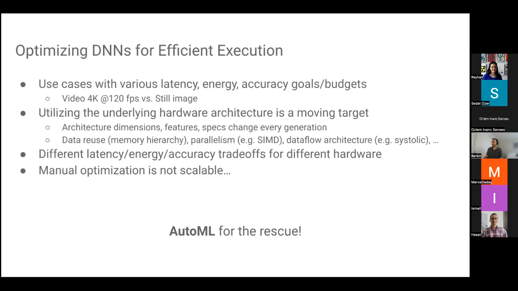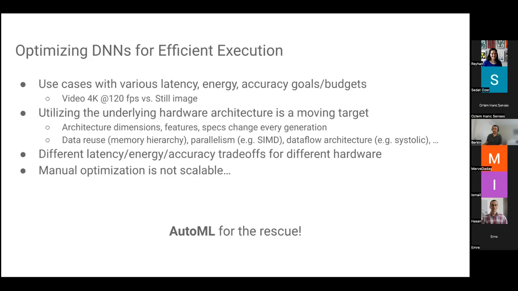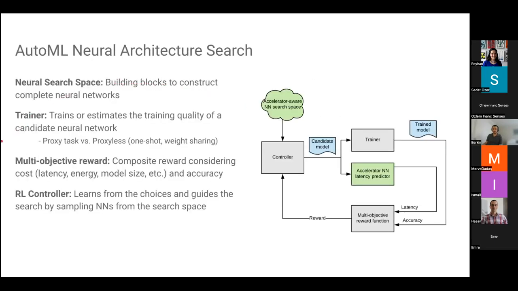So we are using AutoML to help us and to do this more systematically, right? So I'll do a deep dive on this one and show you some of our recent work using AutoML for this optimization. So what is AutoML?